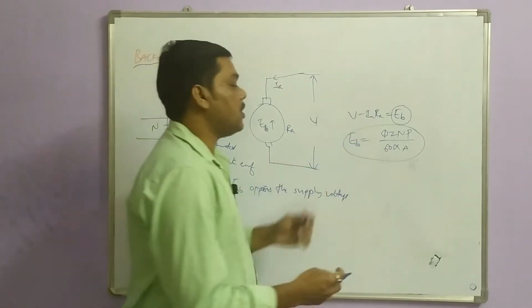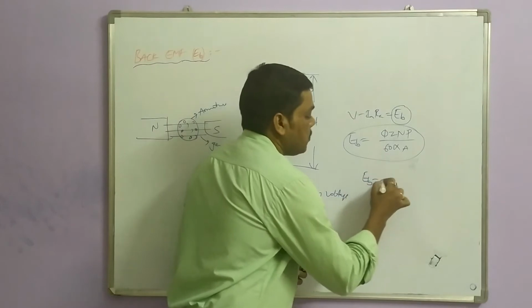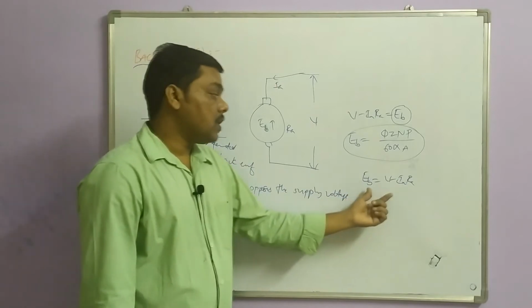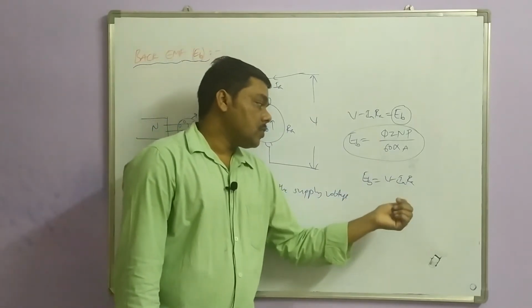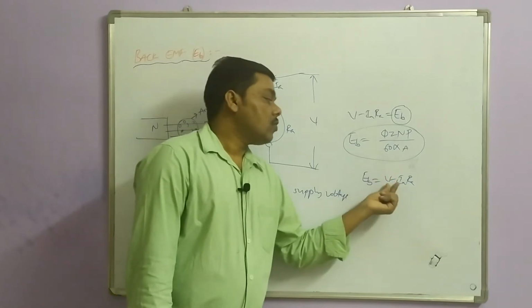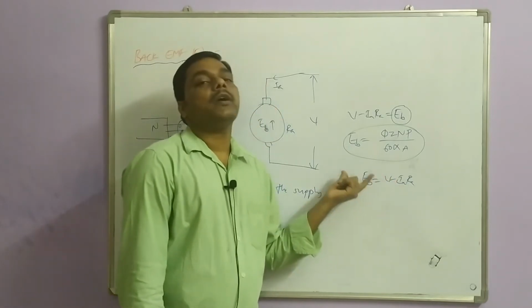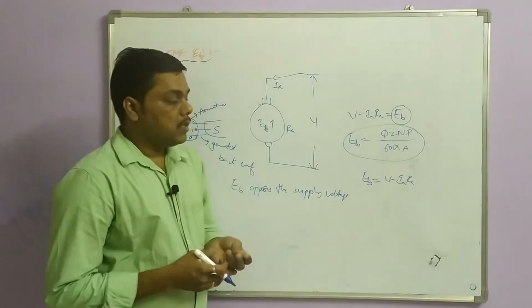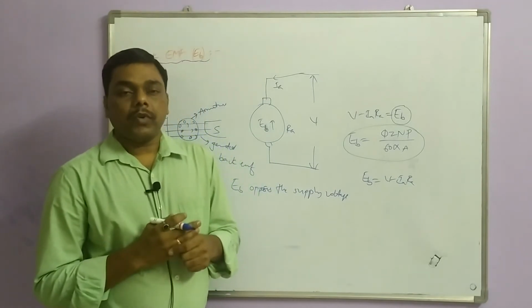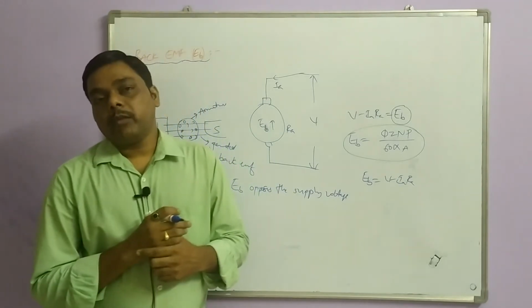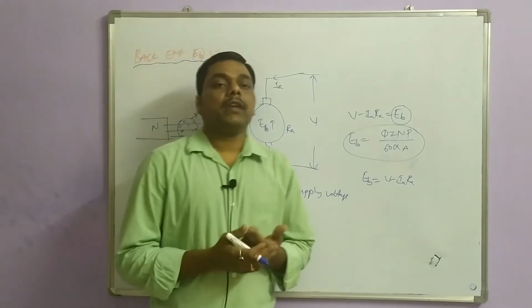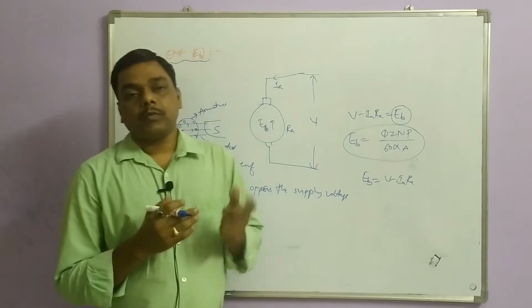The back EMF formula for a shunt motor is V minus IaRa. So given input minus drop, you will get the output Eb. Nothing but voltage minus drop gives the back EMF. If you take a series motor, you can add the series resistance drop to this, so you will get the remaining back EMF equation. One by one we will discuss the relations of back EMF and voltage for the corresponding types of motors.